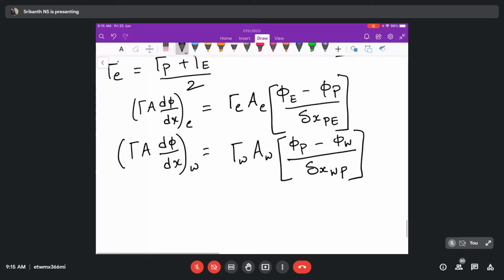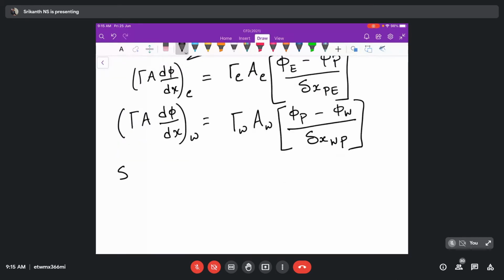Is it okay? Now we will talk about this: S bar into delta V. So this is something like, this source term is a function of some other properties. We don't know. Since we are generalizing this, we don't know whether the source is a function of something.